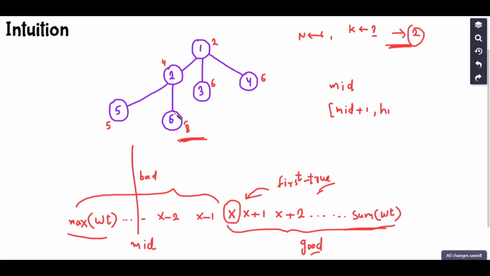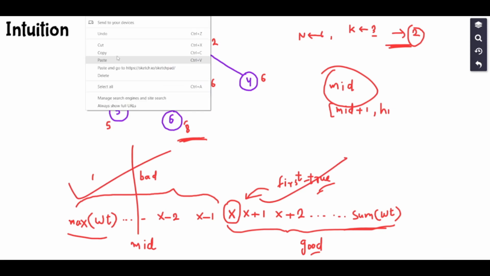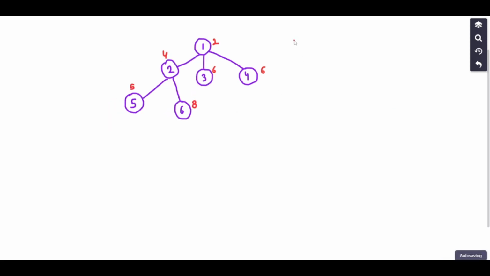Now let's see how we can find the predicate function, or how we can check if the guessed mid lies on the good side or on the bad side. Let's figure that out. Let's find the definition of the is valid boolean function from this given tree.